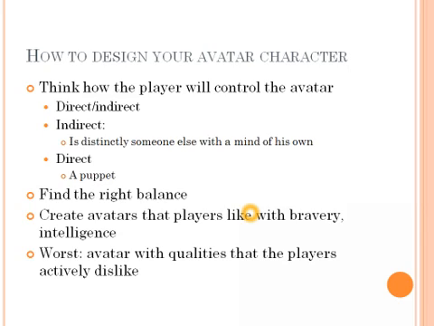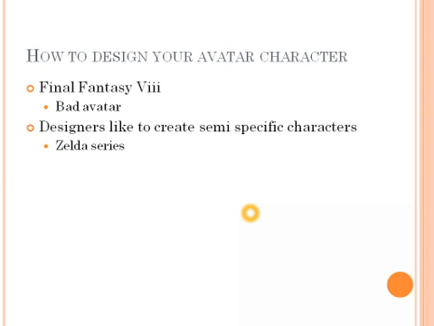Players usually like avatars that have bravery and intelligence. And the worst avatars are those with qualities that the players actively dislike in real life. So if they see it in the avatar, they will dislike it.